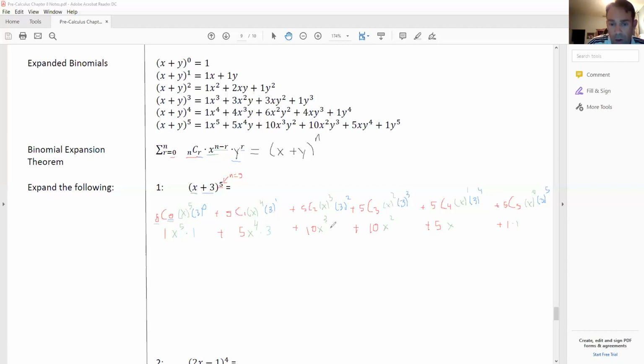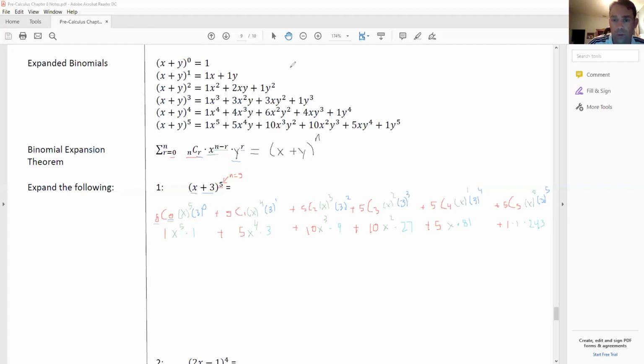And when we bring it all together here, we are going to have an expanded polynomial that we can then have in standard form.